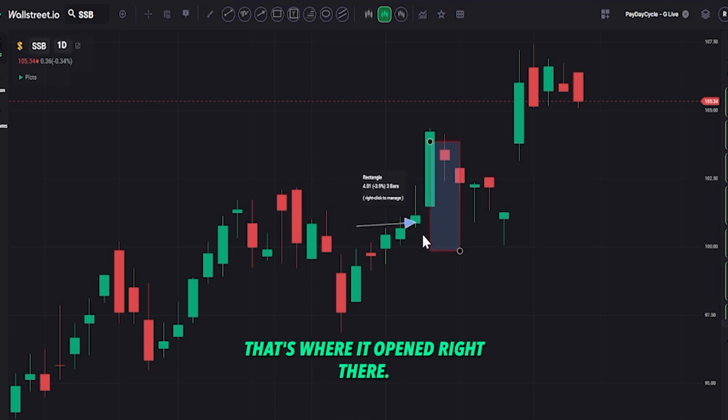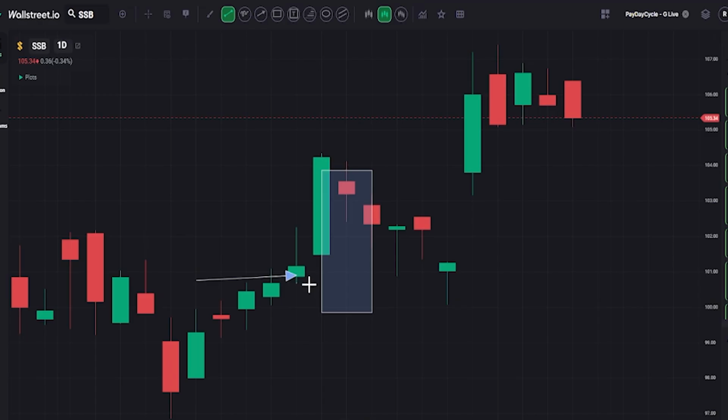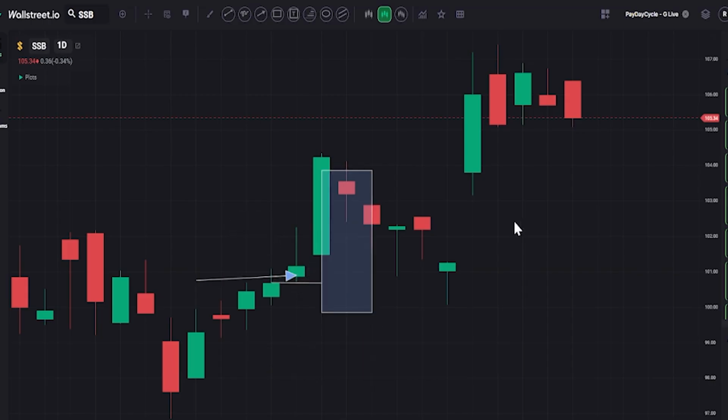That's where it opened, right there. Now, where's that little part of a wick right there? I'm going to go like this and draw a line right there. You guys see it? That's the bottom of the wick right there. So here's where it actually went lower. Here's where it opened.